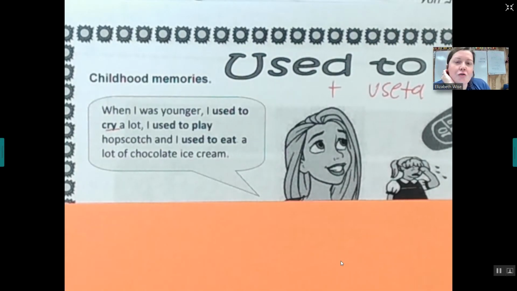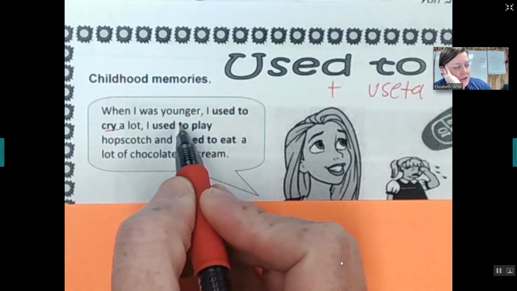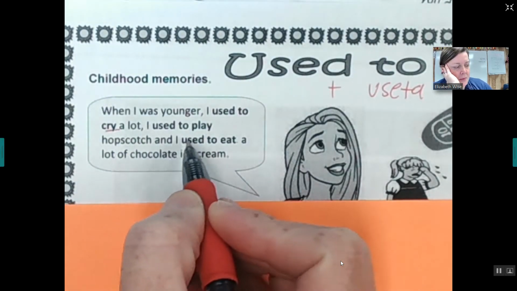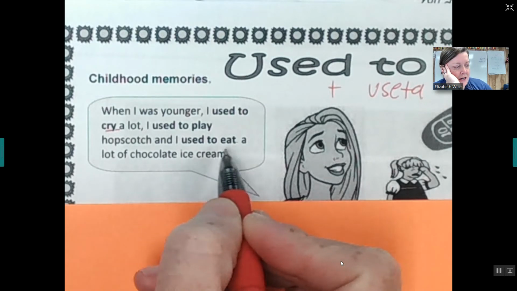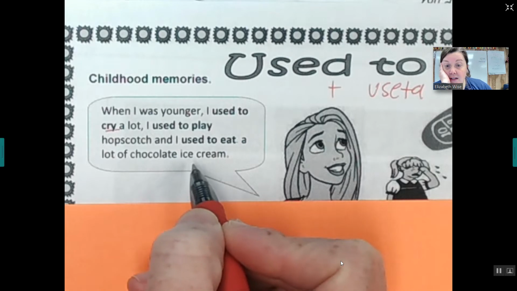So anyway, here's some examples. Childhood memories. When I was younger, I used to cry a lot. I used to play hopscotch, and I used to eat a lot of chocolate ice cream.